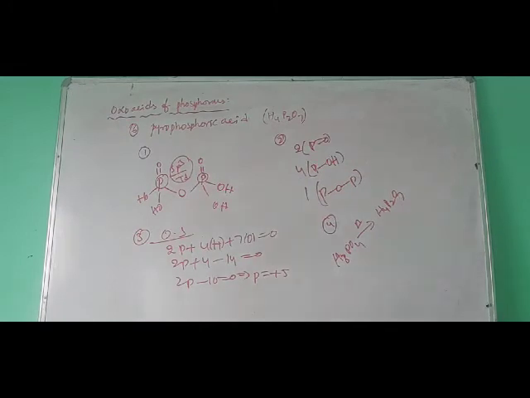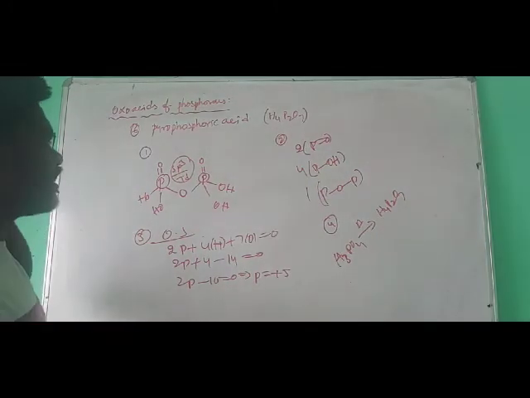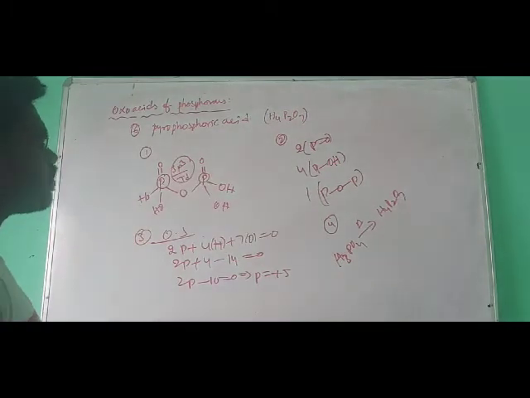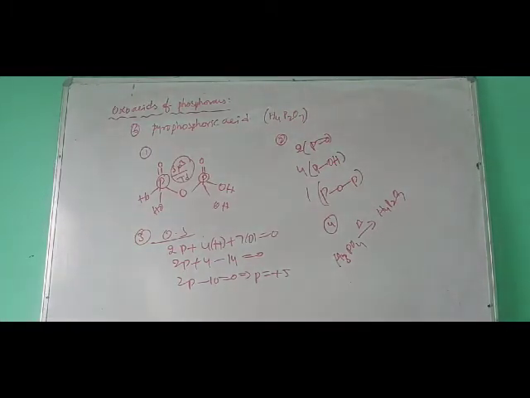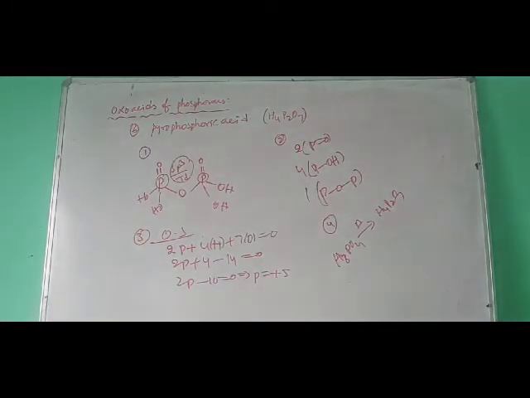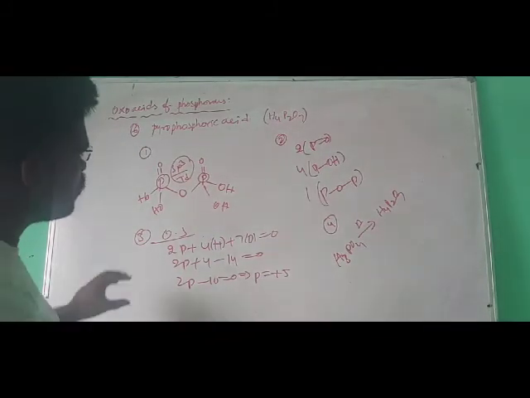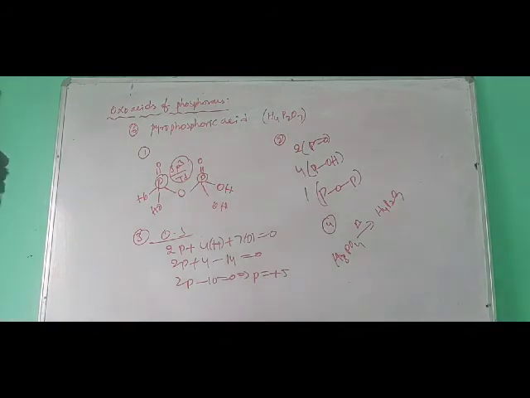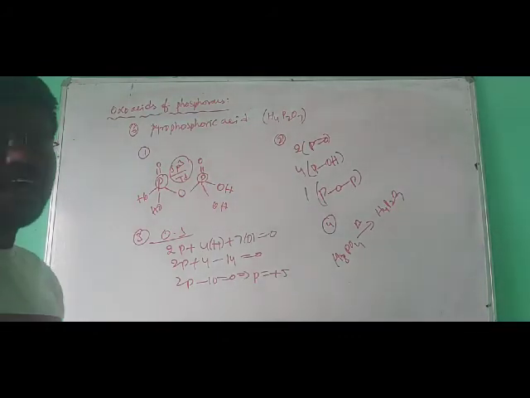Right? And you see guys, how many OH groups are there in this one? 4 OH groups present. So here its basicity is 4. So this is a tetrabasic molecule. So this is about the pyrophosphoric acid.